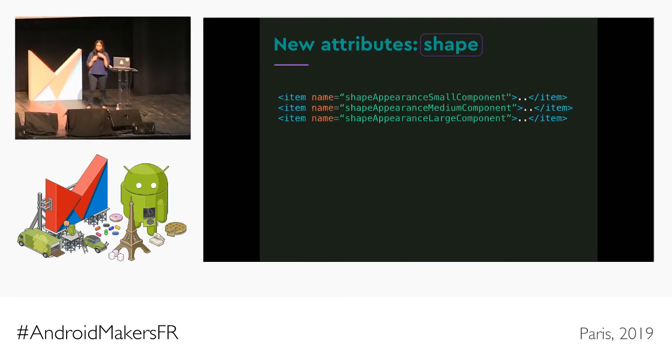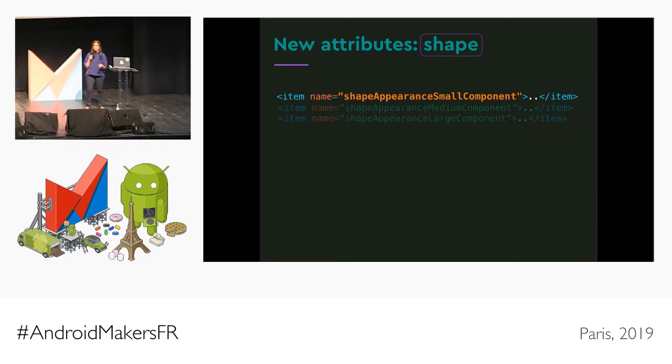There are 3 of them. Theme-level attributes. There's shape appearance small component, medium component, and large component. Small components are components like buttons and text input layout. Medium is card views and dialogs, and large component is nav drawers. And in this case, we only care about the small component because we're dealing with text input layouts and buttons.